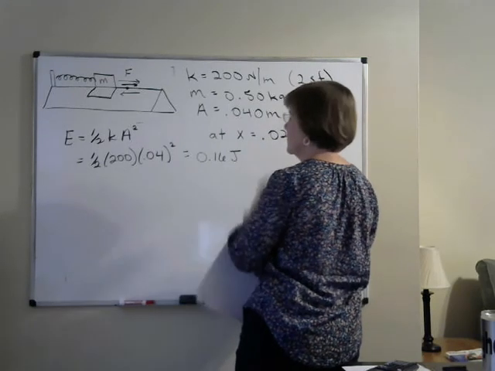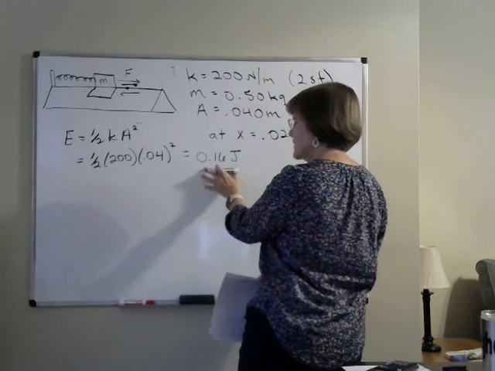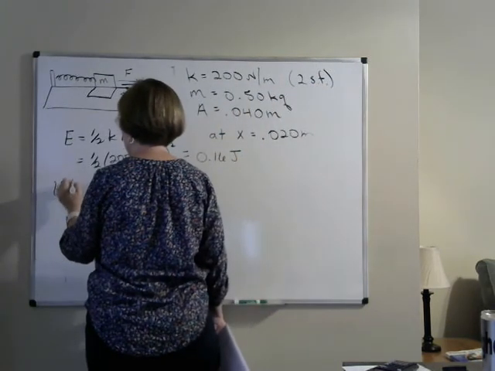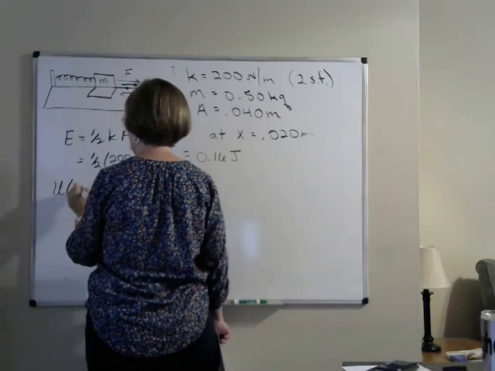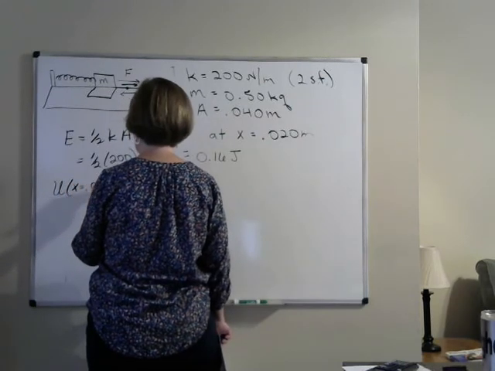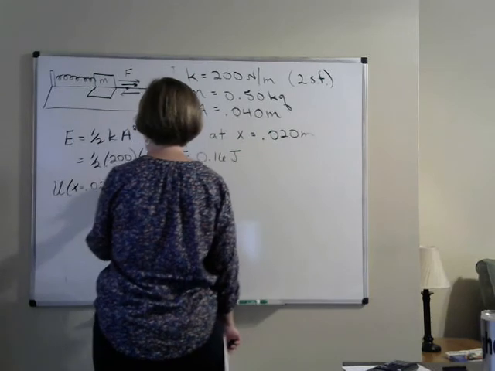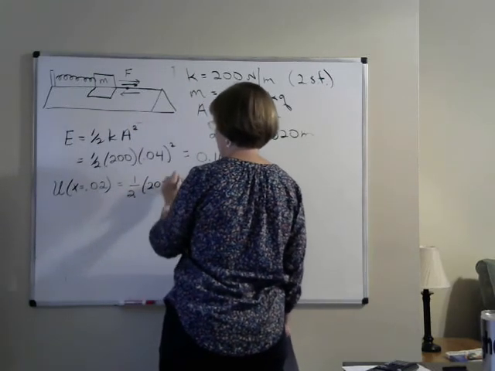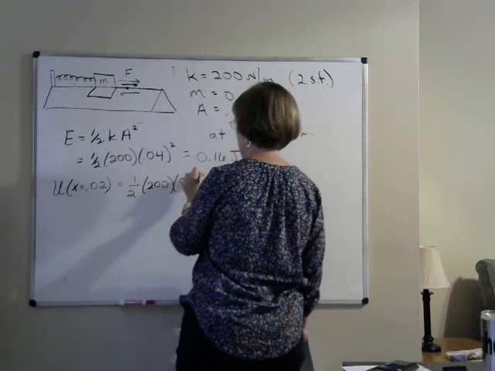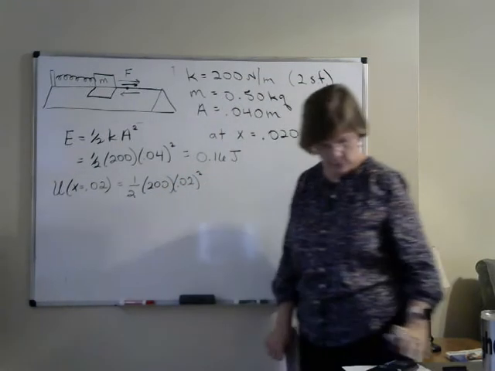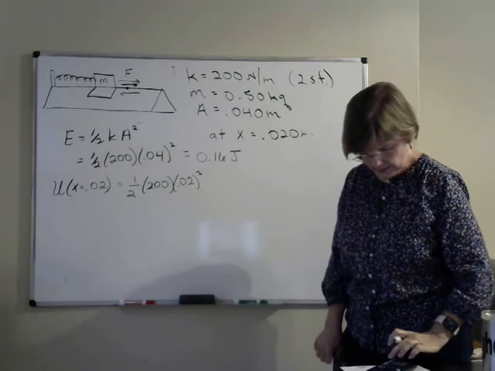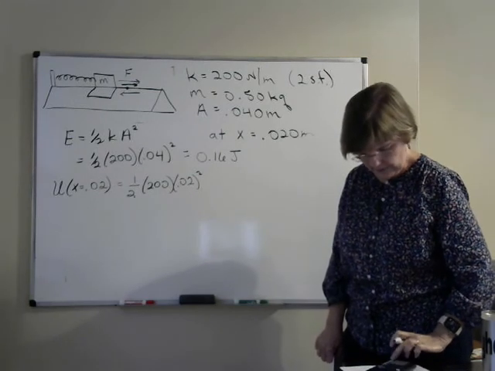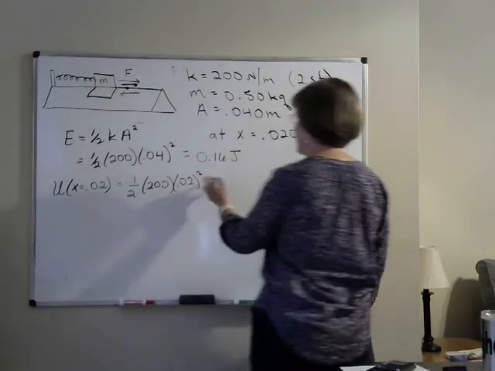At the halfway point, that's the total, to the potential at x equals 0.02, that would be 1/2 times 200 times 0.02 squared. So if I do 100 times 0.02 squared, that is 0.04 joules.